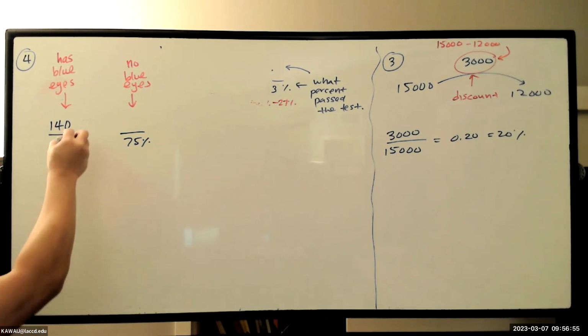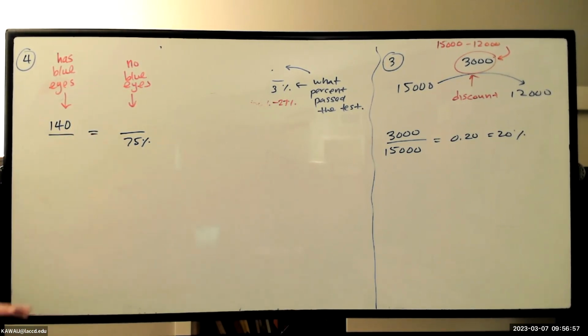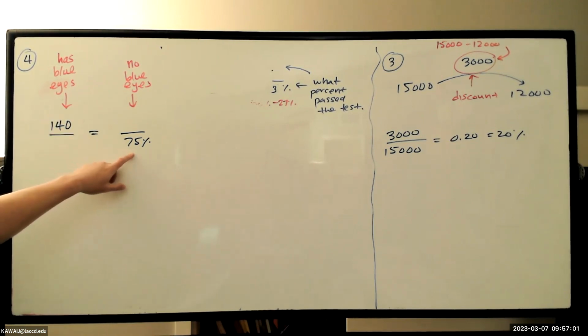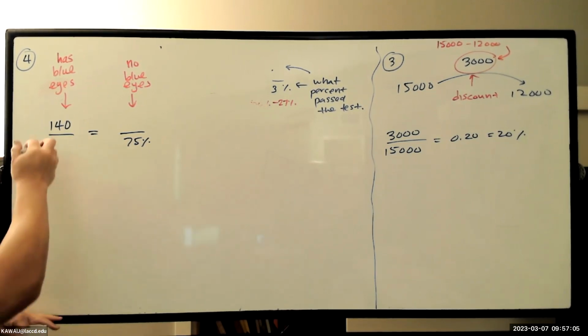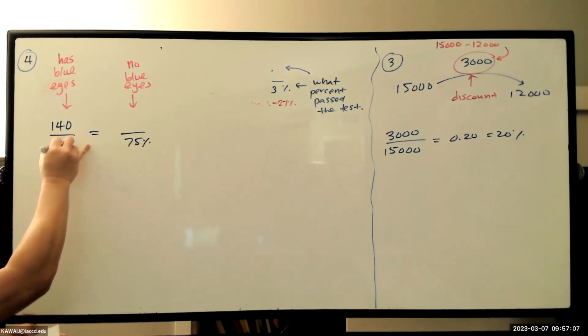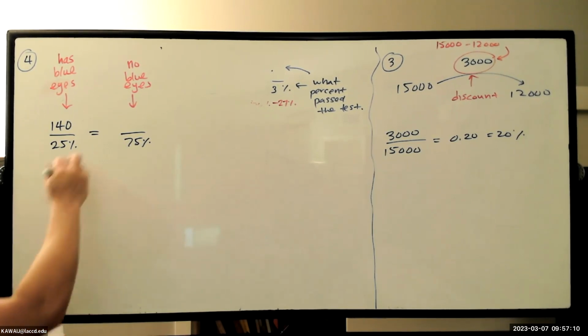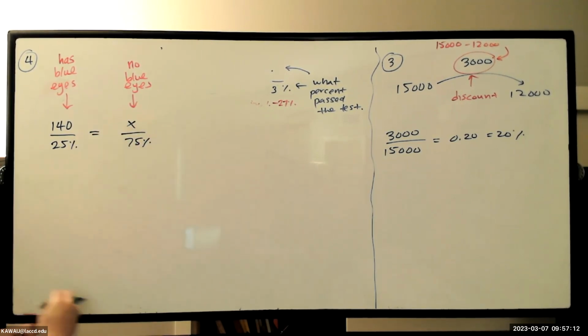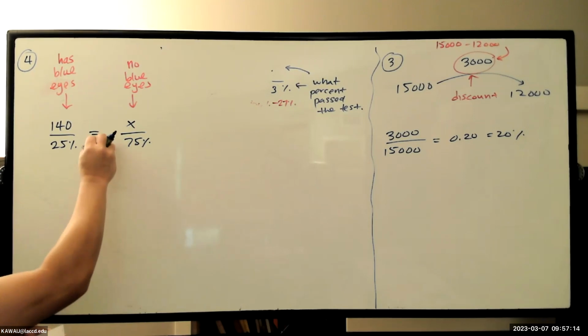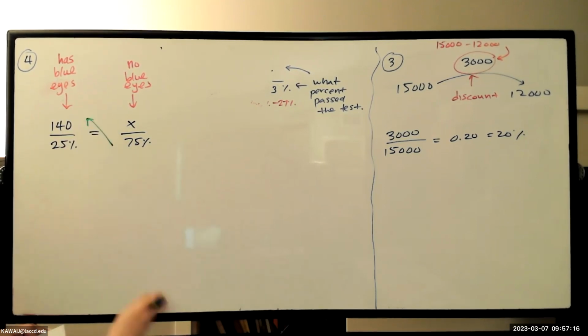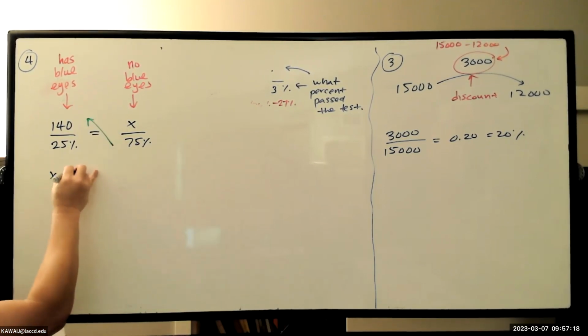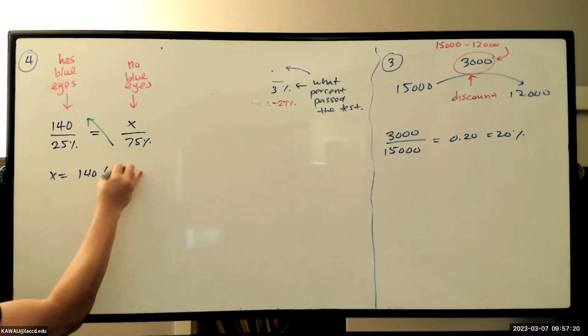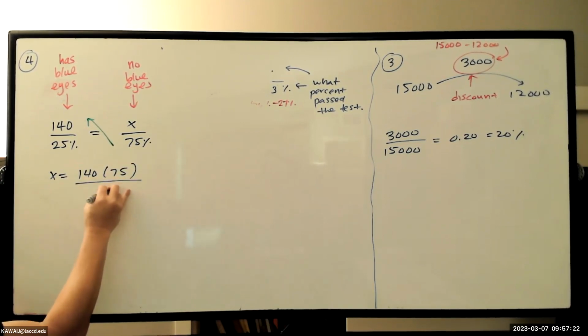So the question is, they only gave me two numbers, where do I find the other number? Well, I know that if 75% does not have blue eyes, then the opposite, 25% has blue eyes. So I have to be able to figure that out. And now when we do this, we get x is equal to 140 times 75 divided by 25.